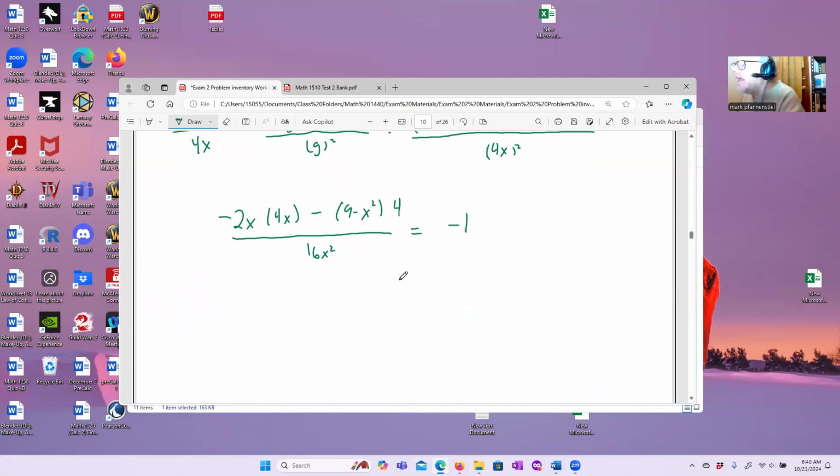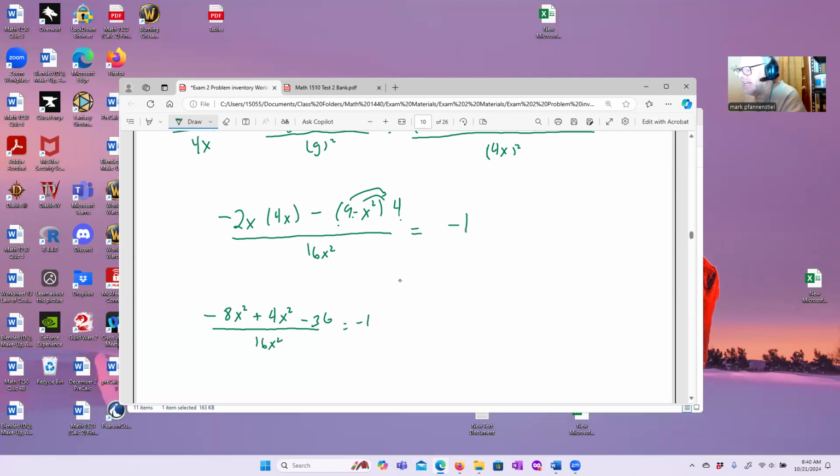Of course you do. The way you solve rational equations is to make them not rational. So 2 times 4 is 8, so we have a negative 8x squared. We have minus on minus is plus 4x squared, minus 36, it's 9 times 4, distributing here. And this is all divided by 16x squared, set equal to negative 1.